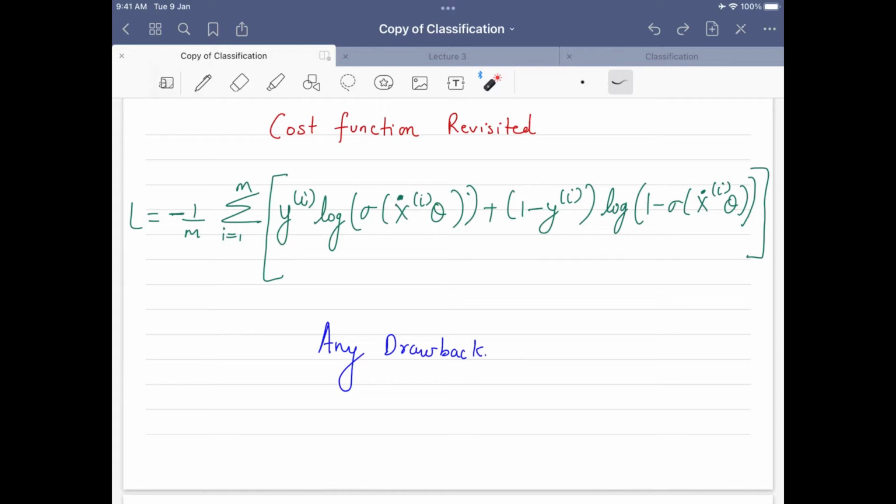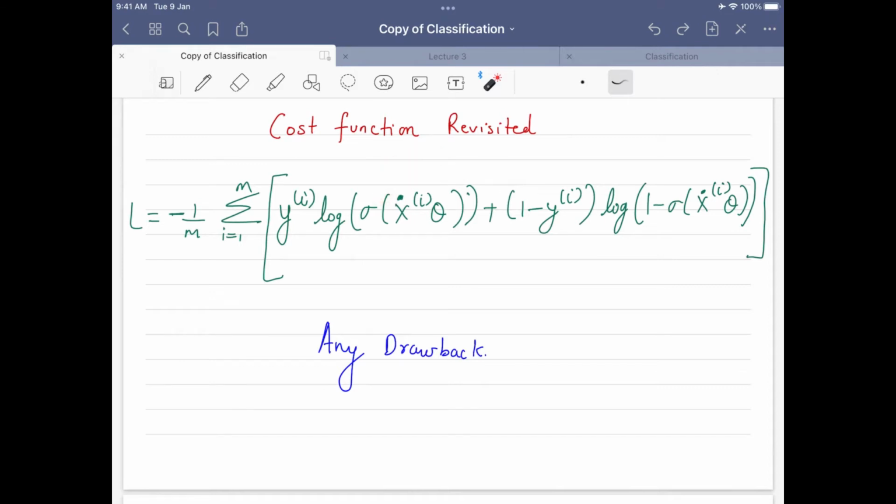Basically the problem with this particular cost function is the argument inside the log function. If you observe this sigma, which is the sigmoid on the transformation x dot theta, if this value becomes close to 0, or becomes 0, then the cost function we have defined will become undefined, because this term will blow up and go to infinity, right?